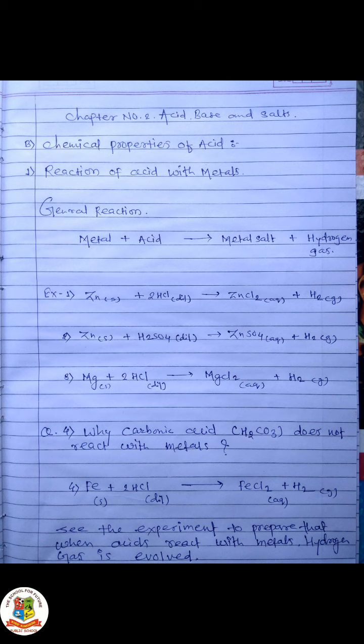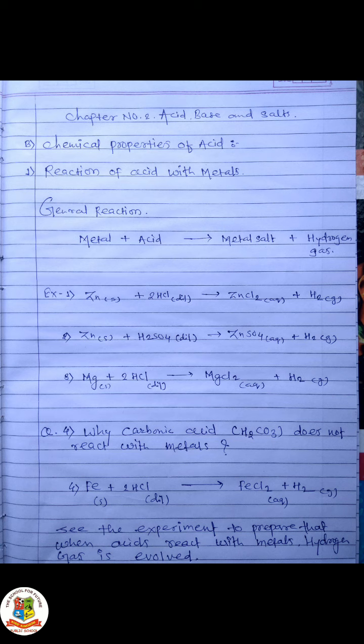Now we will see some examples. In the first example, zinc reacts with hydrochloric acid and gives zinc chloride plus hydrogen gas. According to the general reaction, the metal is zinc, the acid is hydrochloric acid, and it gives metal salt, zinc chloride, and hydrogen gas, H2.